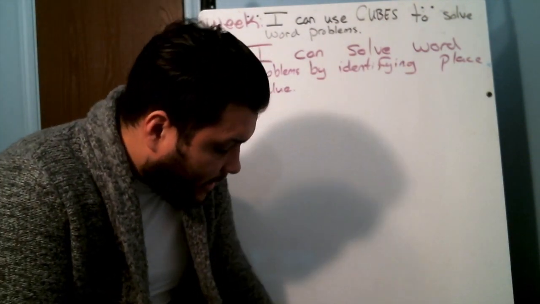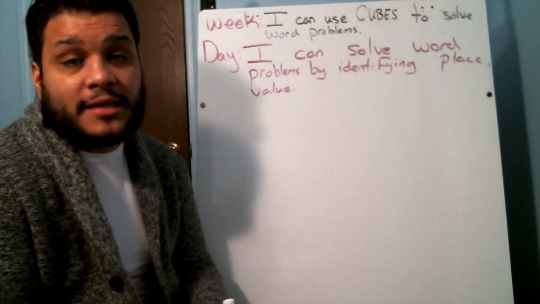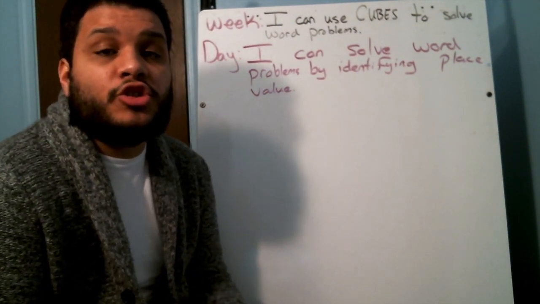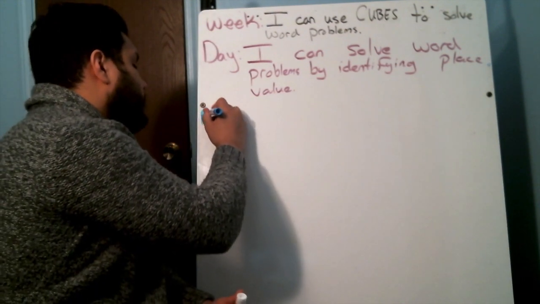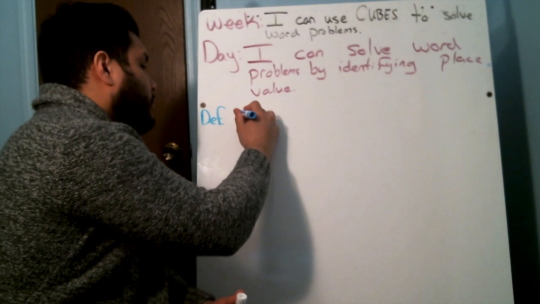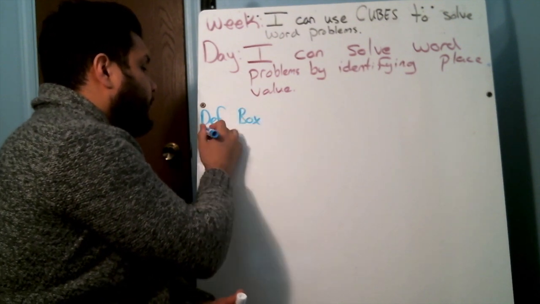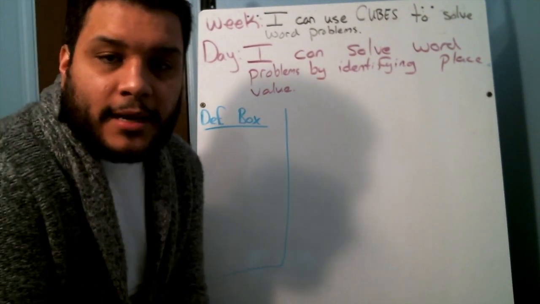So in our definition box today, we're going to have some keywords that are going to help us this week as we continue to jump into place value. So I'm going to make my definition box, and I'm going to put some keywords in it.